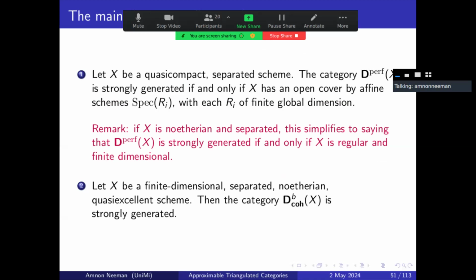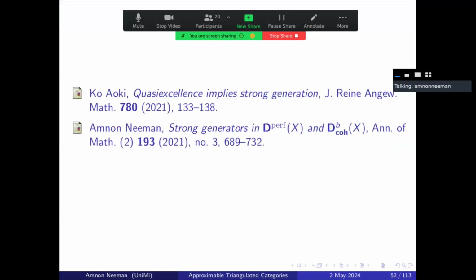It's strongly generated under very mild hypotheses. So both of these theorems appeared in papers, well, I could go into more detail, but the theorems in this generality go back to 2021. And I really don't want to say any more about them.